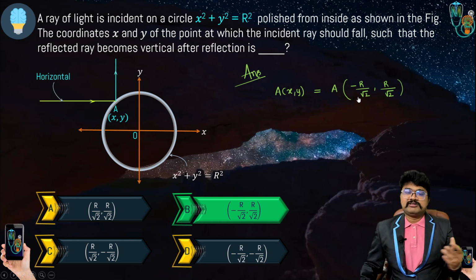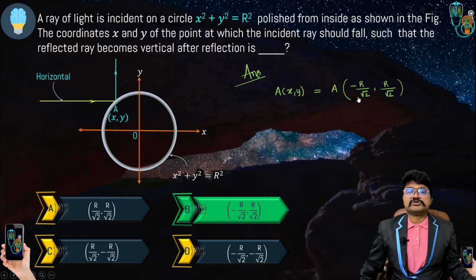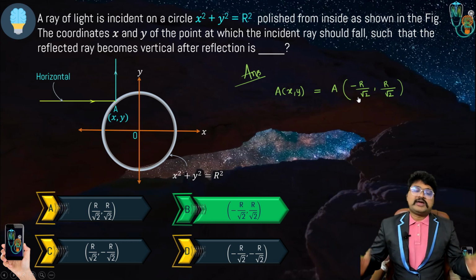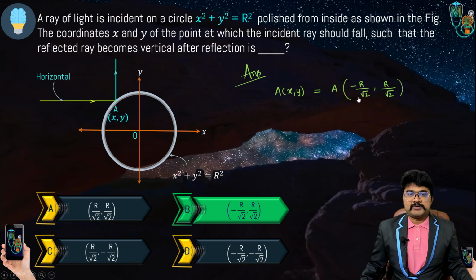This is the answer. So basic level geometry we applied. It is very simple to solve the problem. Now we can have a look at the next problem.